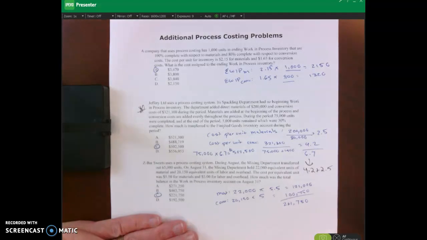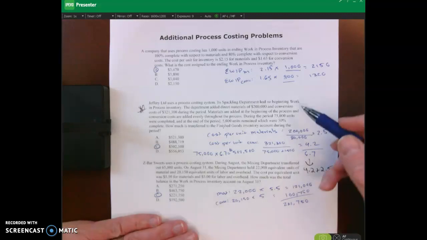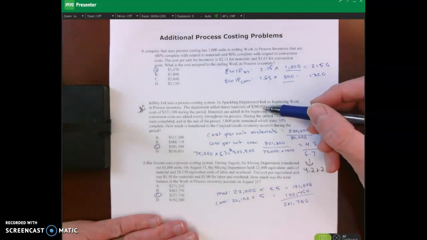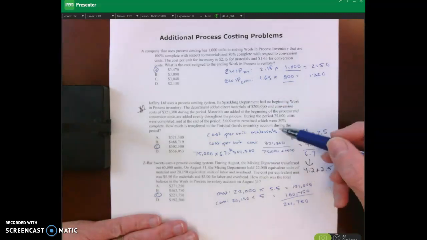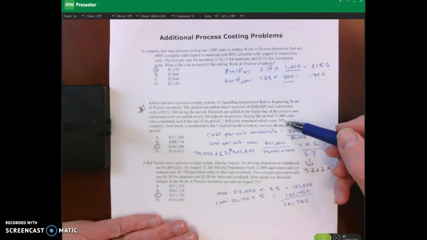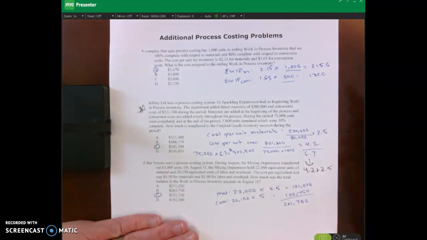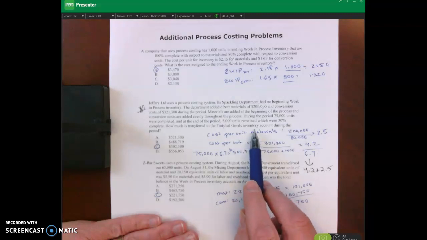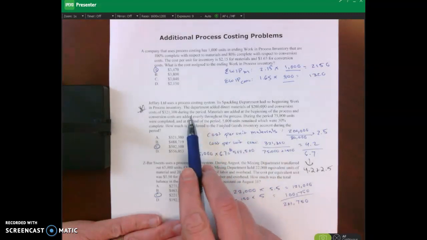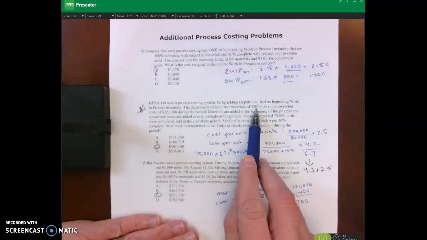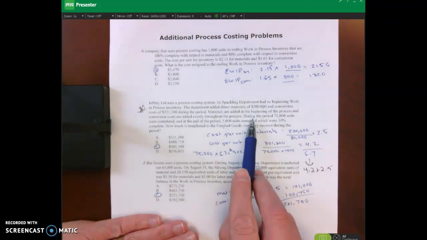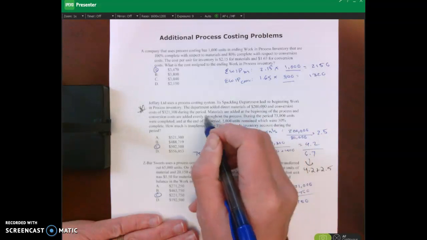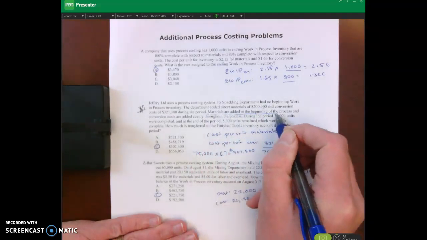That's what that's asking. So the first thing is we have to figure out our cost, right? We have to do it separately for materials and separately for conversion because we have different percent completes, okay? So we come over here and we have our $200,000 of materials costs. And then it says right over here, materials are added at the beginning of the period.